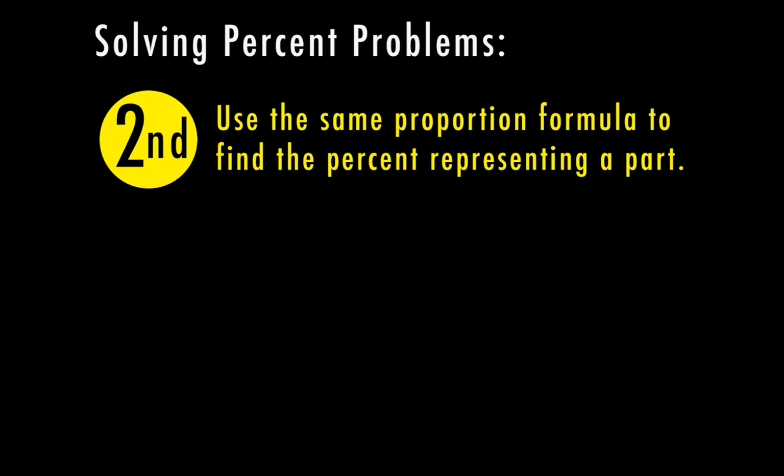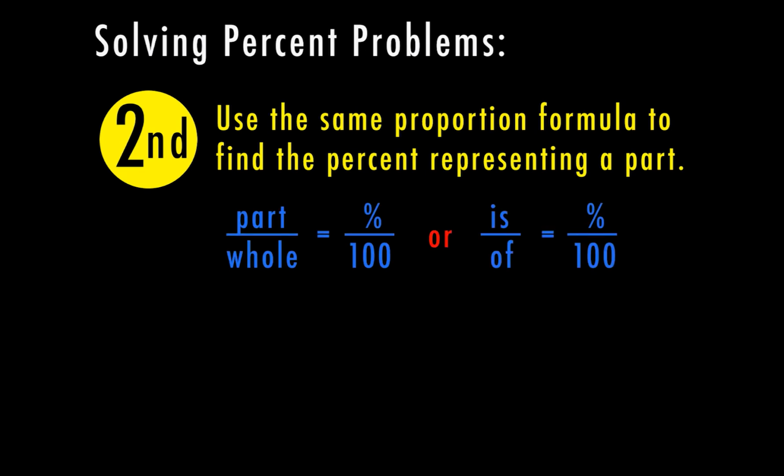For my second problem, we want to use the same proportion formula to find the percent representing a part. So let's show our formulas again. I have part over whole equals percent over 100, or is over of equals percent over 100.